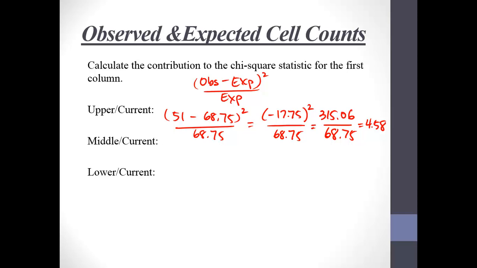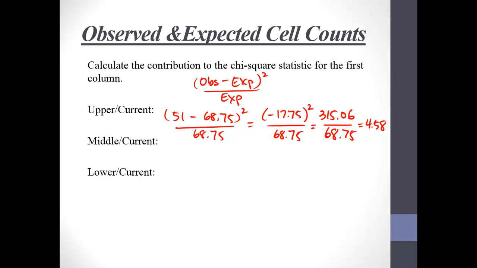I'm just taking what I observed, 51 upper class current smokers, subtracting off what I expected, which was 68.75, squaring that, and dividing by the expected count.